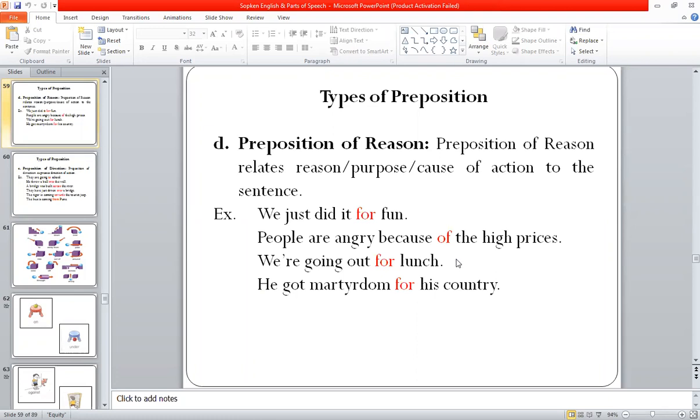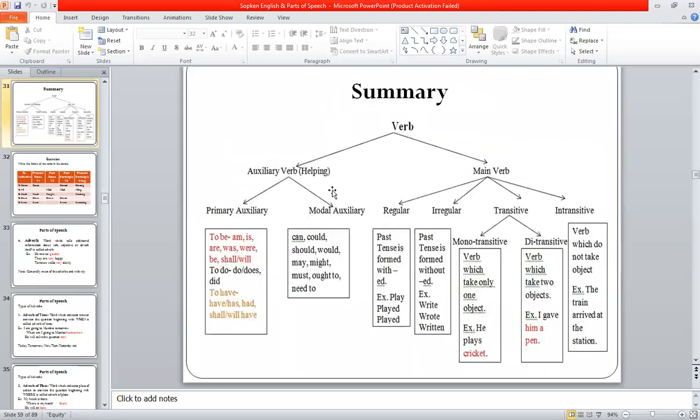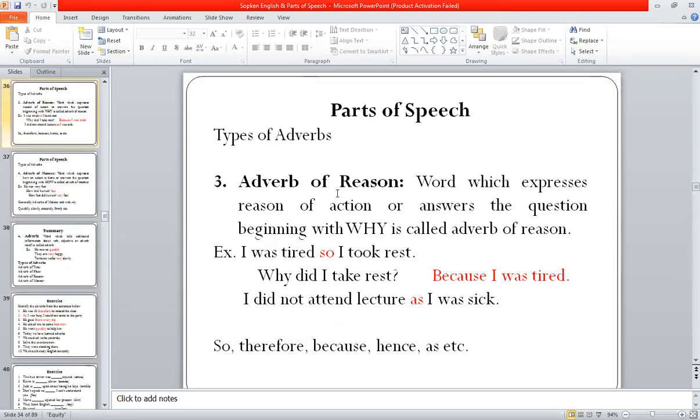Adverbs we have discussed in the last lecture. So today we will see the next part of speech, adjective.